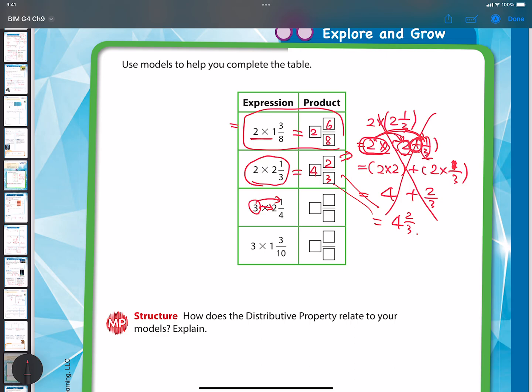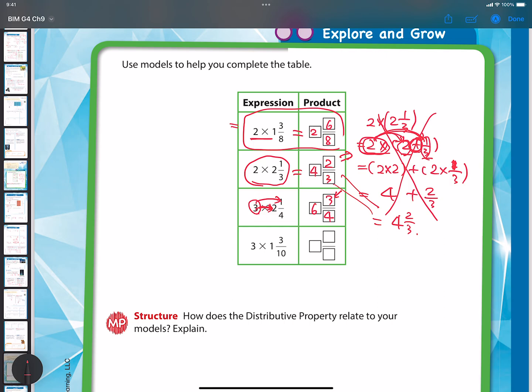The denominator stays the same. Let's take a look. 3 times 2 is what? Whole number part, 6. 3 times 1 is what? 3. And the denominator stays the same. Isn't it very simple? Yes, this is how you do it, okay? And when the numerator of the mixed number is greater than the denominator, you have to convert that into what?